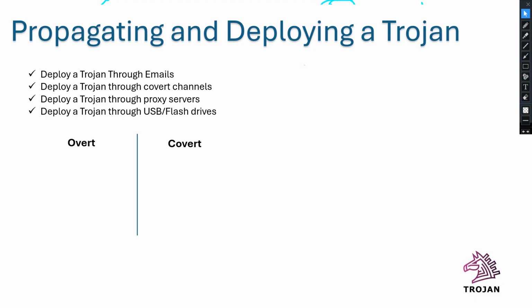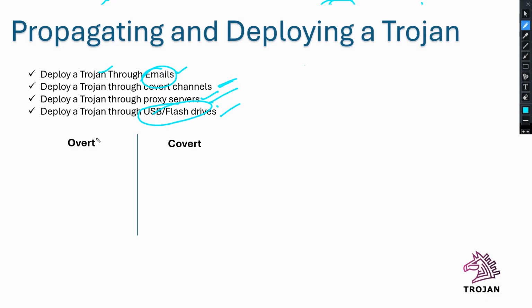You can deploy Trojans through emails, covert channels, proxy servers, and USB flash drives. Let me explain covert channels and proxies. I believe you are aware of email and USB flash drives.